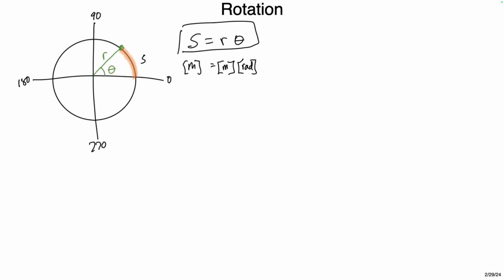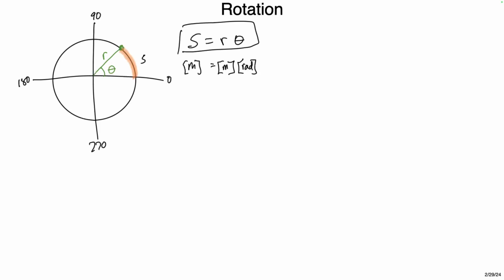How do we talk about how fast the ant is going around on this wheel? Because there's a difference between the speed that the ant is moving here and the speed that the ant is moving here, right? What's the thing that's changing in time? Is it r or is it theta? It's theta, isn't it? So it's the angle that changes.